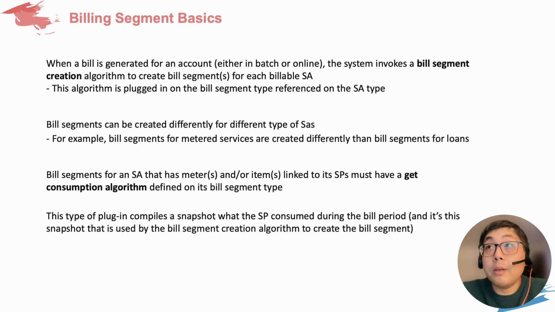The reason snapshot is mentioned is that every time we try to get consumption, it is the consumption available at the time of the request. So if you think about a billing process, when you bill on the first day, maybe it doesn't have any reads, so it will come back to say, I don't have a read, and all these details will be captured in the usage.